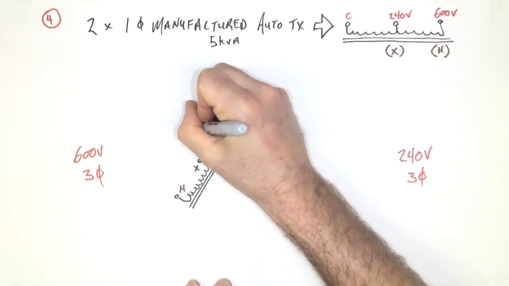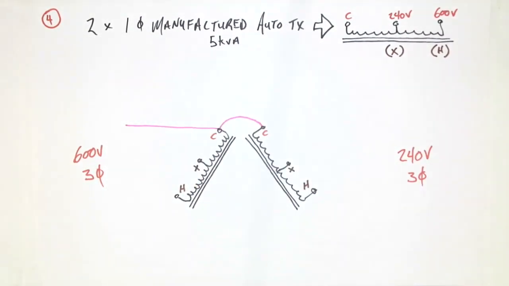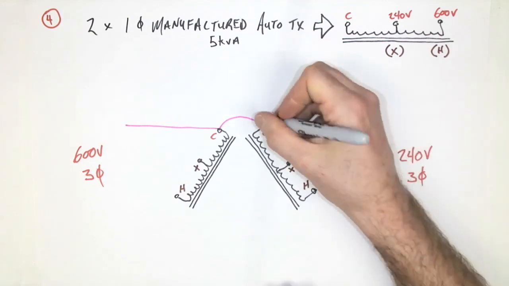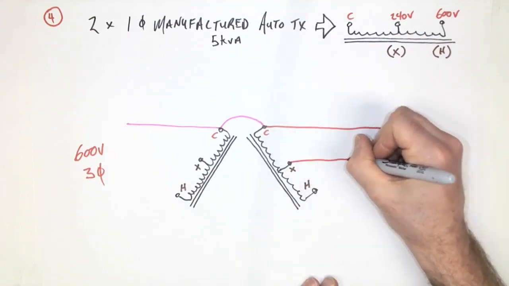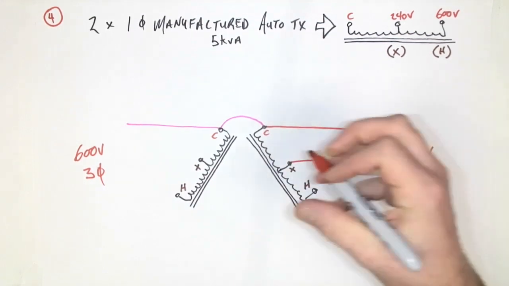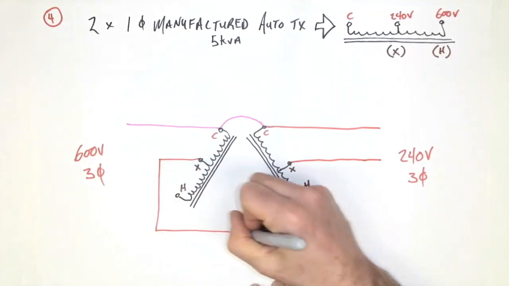We would have one of these going off to the 600 volt side and one going off to the 240 volt side. From the X terminals, I'm going to be going back to the 240. So the 240, one of the X terminals here and the other X terminal on this side.